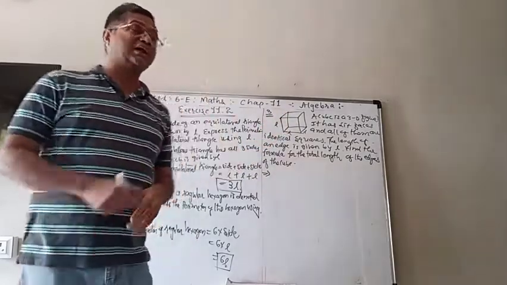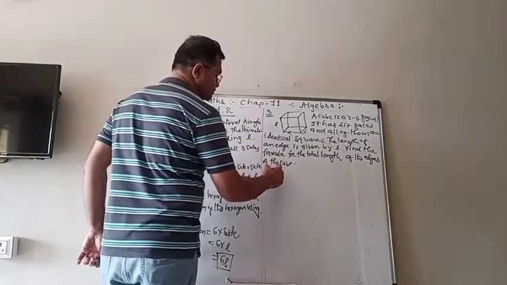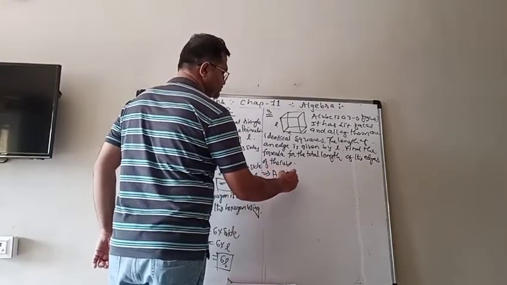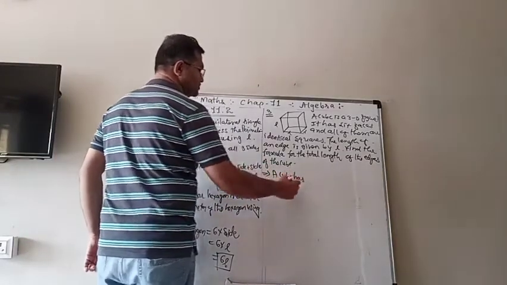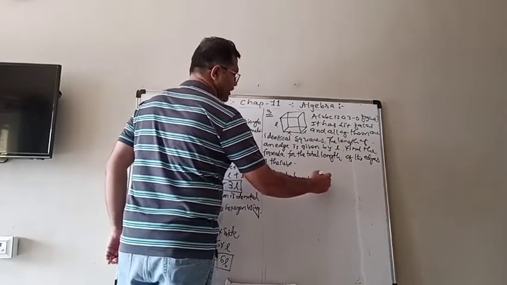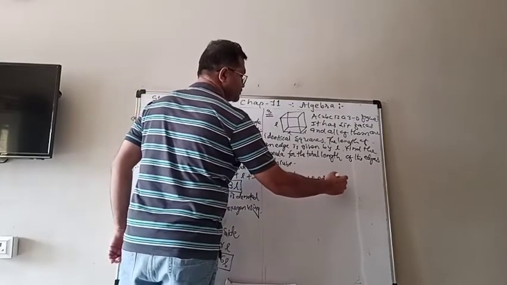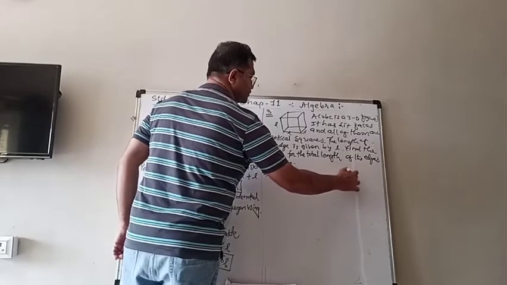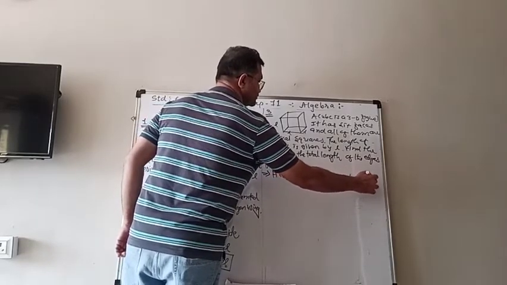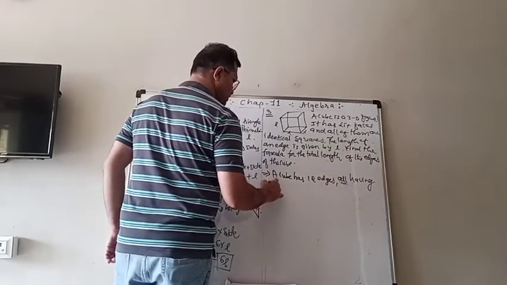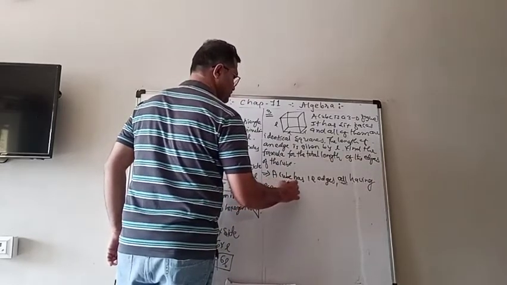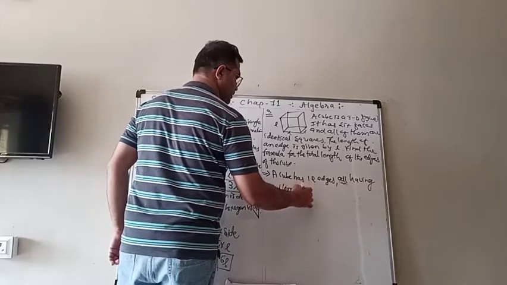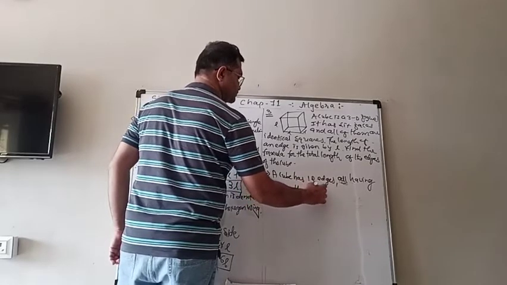So there are 12 edges. So you can write that a cube has 12 edges, all having equal length given by L.